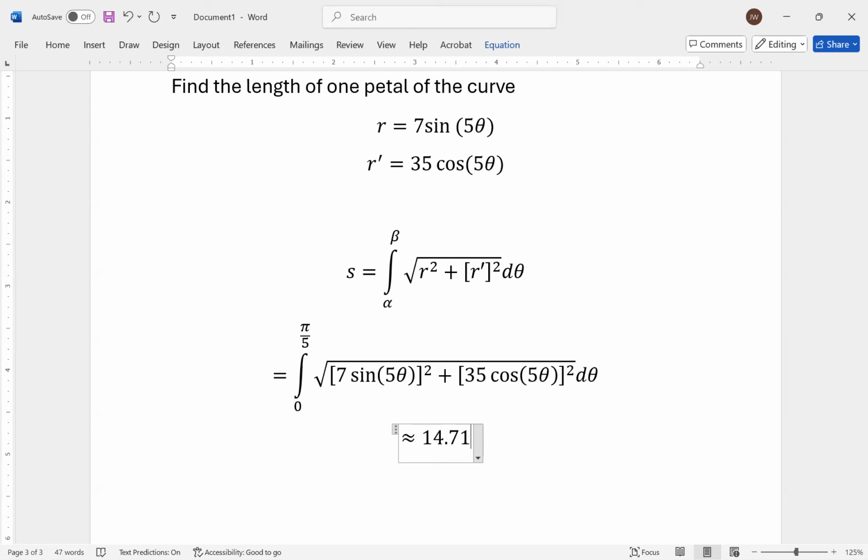You may be able to go through the whole process and get a nice specific value for this, but I'm not going to do that on this one. That would not be a fun integral to do by hand. So approximations are just fine with me.